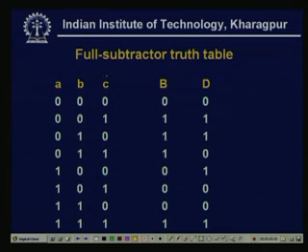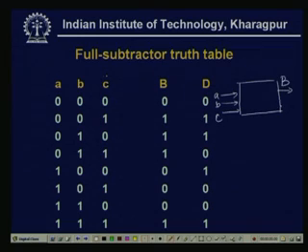So, for all possible combinations, now there are 3 inputs. See, this is my full subtractor circuit. There will be 3 inputs, A, B, the 2 operands, and another is the borrow denoted by C, and the outputs are the next borrow generated and the difference of these 2 bits. So, this is my full subtractor circuit.